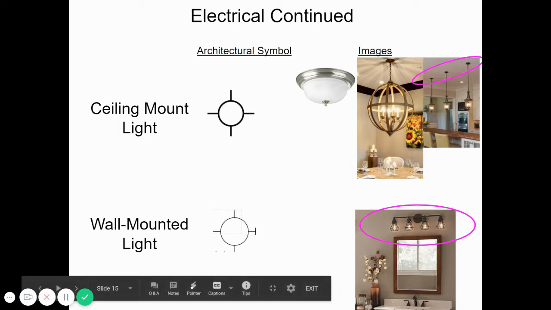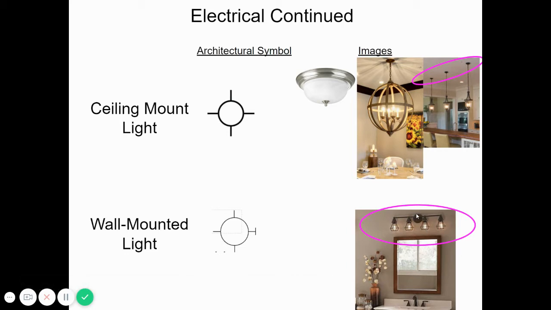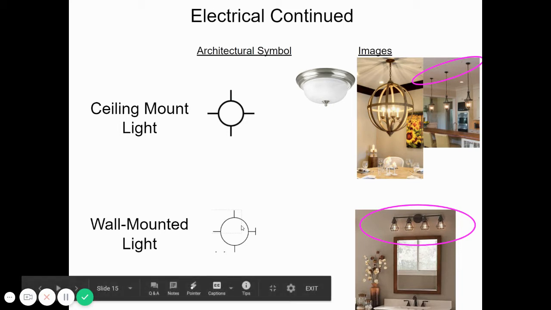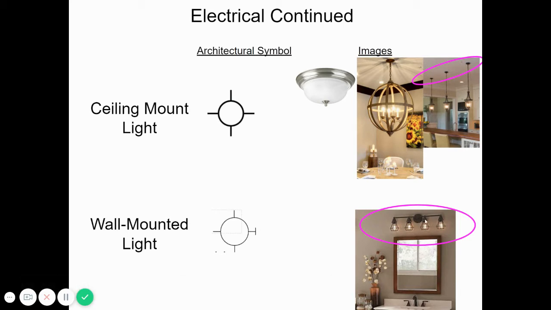This is a light over the sink in a bathroom. Do you see how it has the circular part in the center? It is mounted to the wall right there. So this symbol tells the electrician, okay, this type of light is going to hook onto the wall. And they don't care what the light looks like. They just need to know that the electrical box hooks to the wall there.